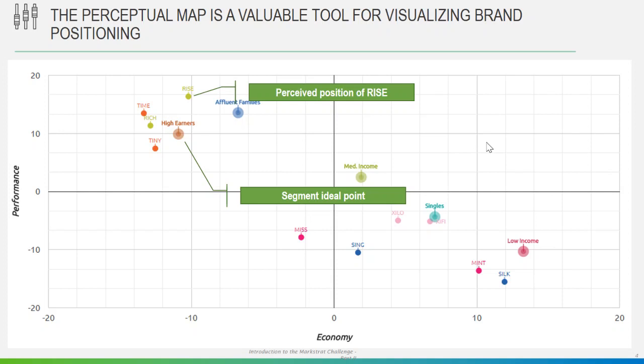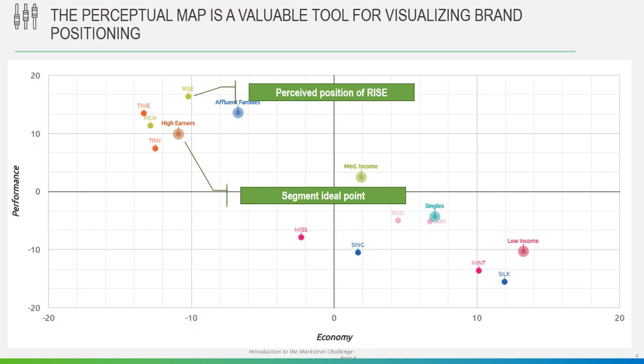Within multidimensional scaling, which is what we're talking about here, there are three different dimensions: economy, performance, and another one called convenience. Again, these solid circles with the four-letter names above them are the brand names, and those are how each brand in the marketplace is perceived at this particular point in time, on economy and performance.